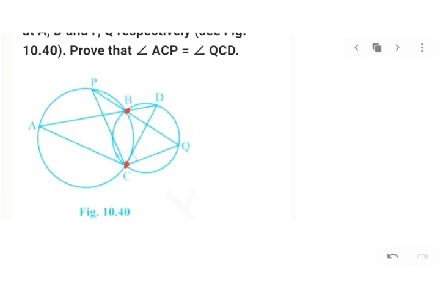Through B, two line segments ABD and PBQ are drawn, and they intersect the circles at A, D and P, Q. And you have to prove that angle ACP is equal to angle QCD. You have to prove that.